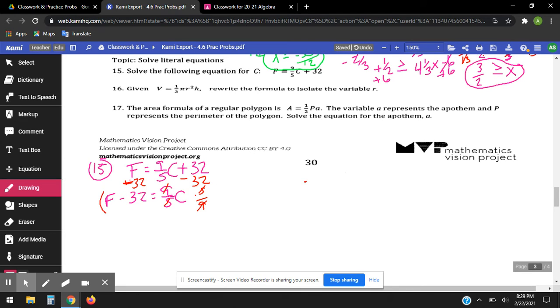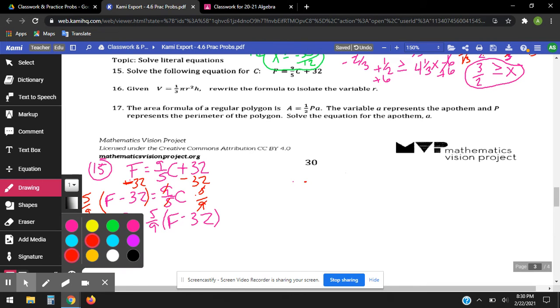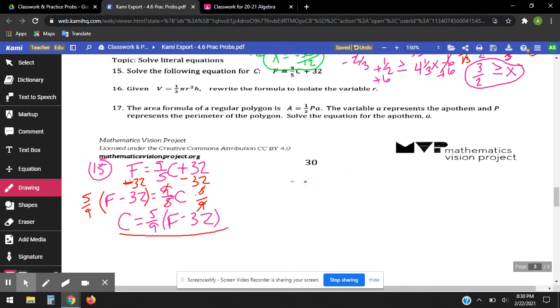So now I need to multiply this by 5/9. We'll stick that in parentheses so that we know we have to multiply both. So then our final answer is C equals, I'm just going to switch it around, 5/9 parentheses F minus 32. And that's what you do when you have Fahrenheit and want to convert to Celsius.